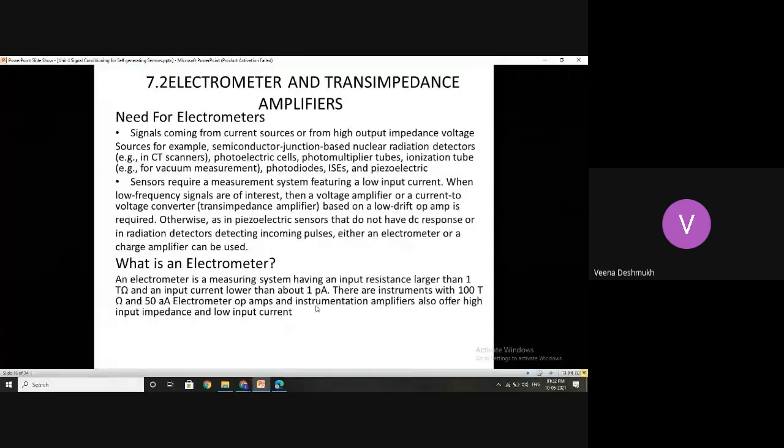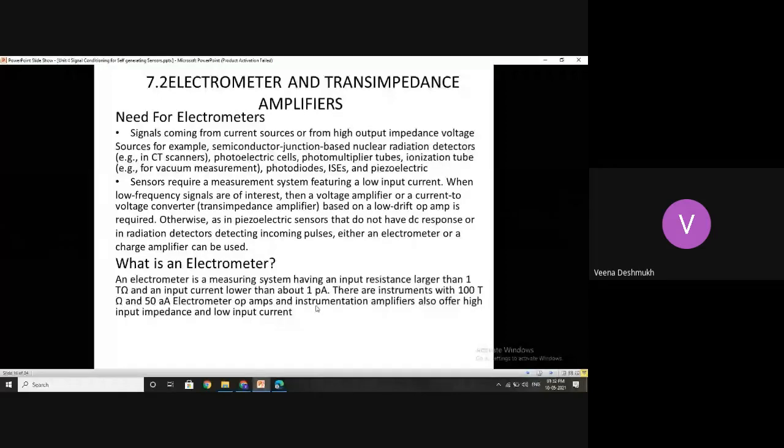Similarly, what is capital T? Anybody? Are you all there? See, this is tera ohms.